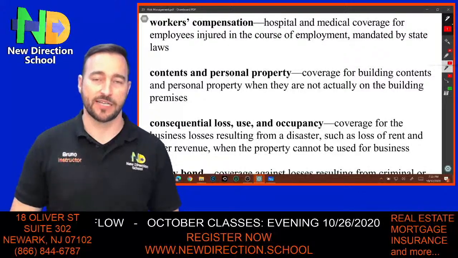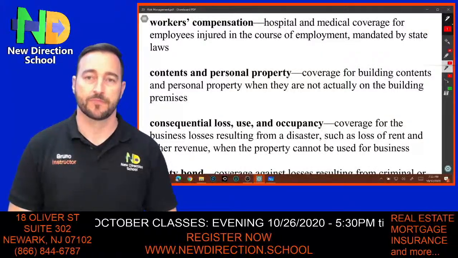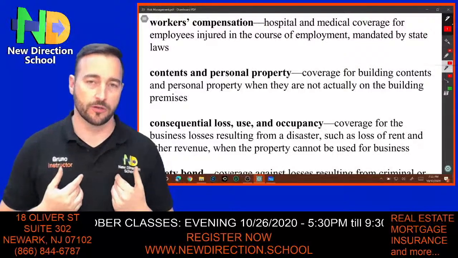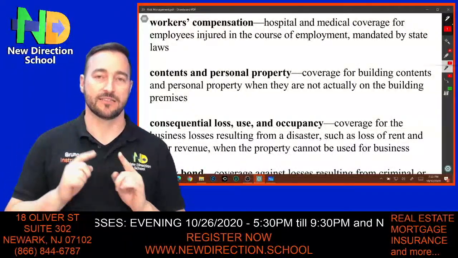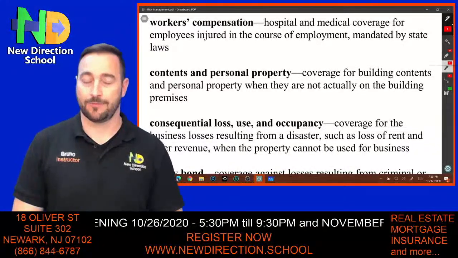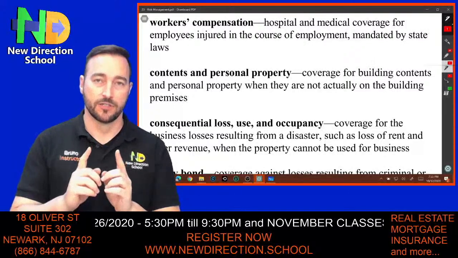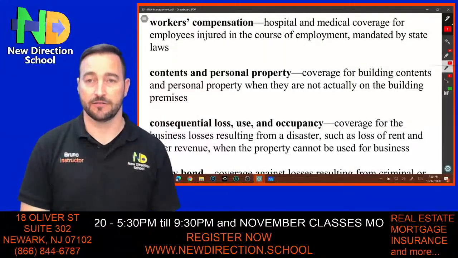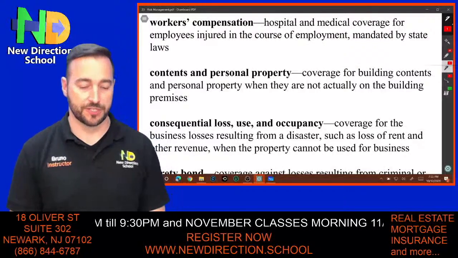I demand of my tenants to have this renters insurance. Otherwise, you're not renting from me. Because my insurance as an owner covers the house and my stuff. It does not cover your stuff. So those 20 bucks, worst case scenario, are to cover your stuff in case of a fire, in case of a flood. So make sure you have renter's insurance.